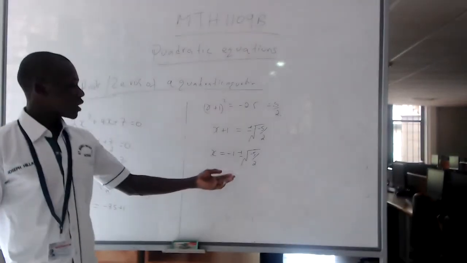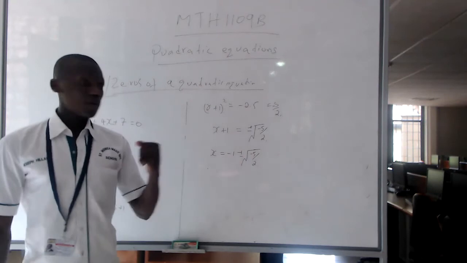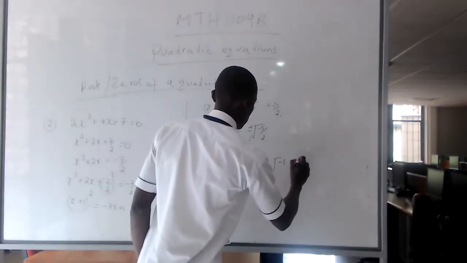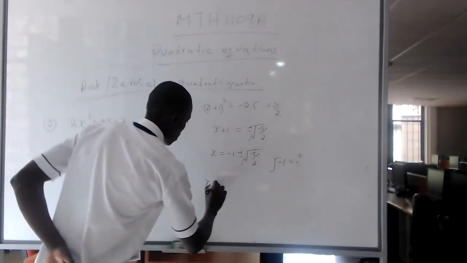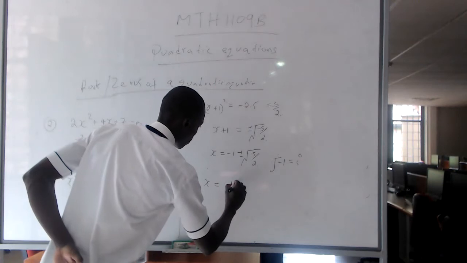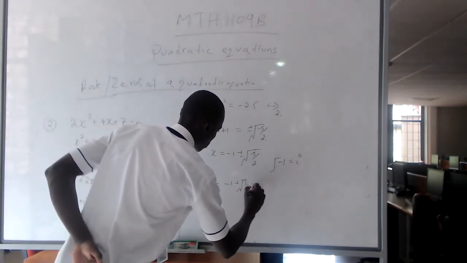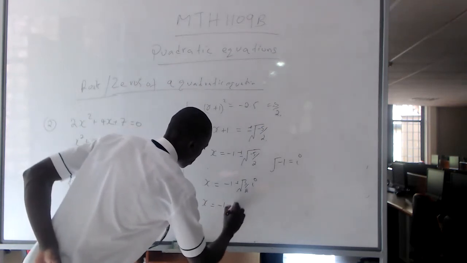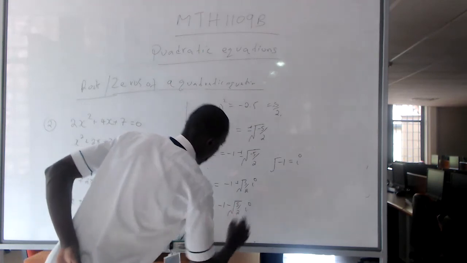Very quickly, you realize that you're going to have a complex root. You have done complex numbers. So you know that square root of minus 1 is simply i. So the solution for this is x is minus 1 plus square root of 5 divided by 2 i, or x is minus 1 minus square root of 5 divided by 2 i.